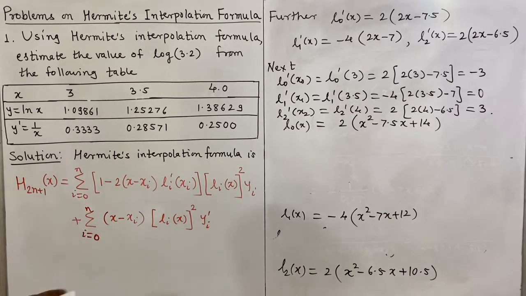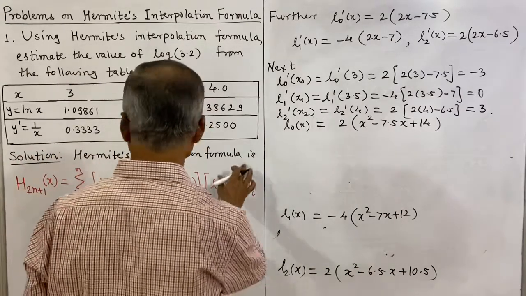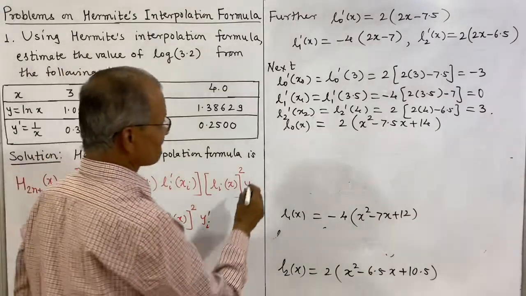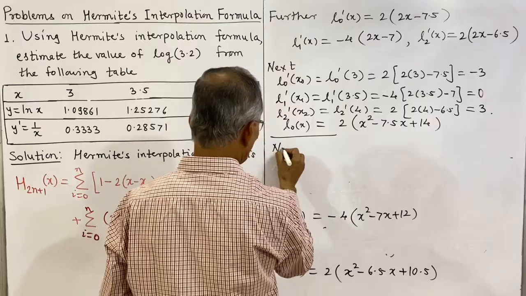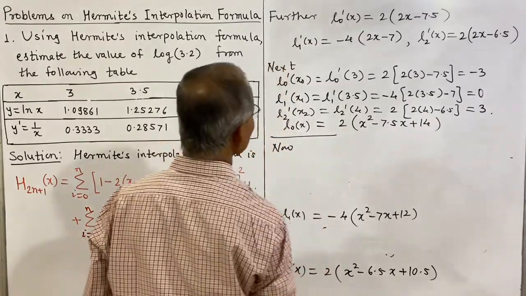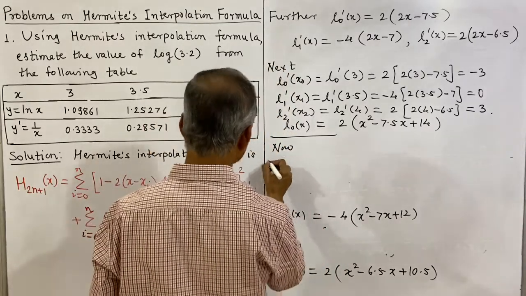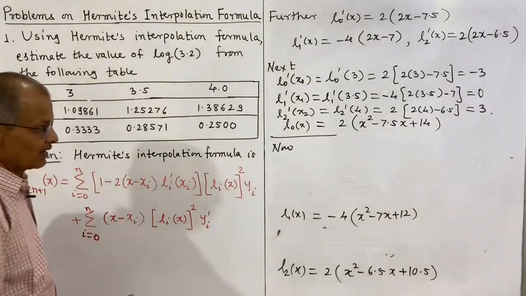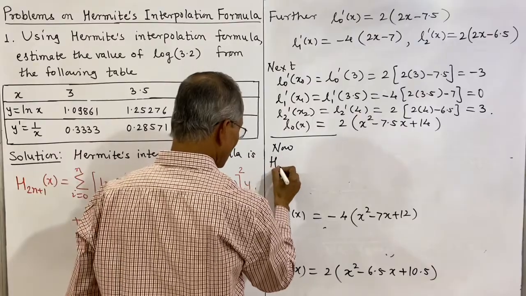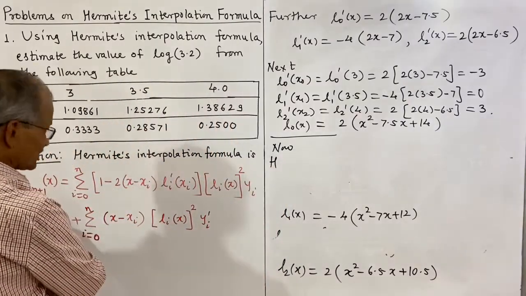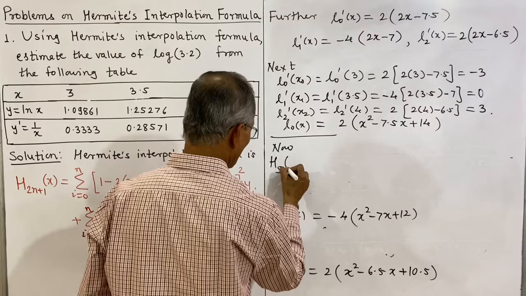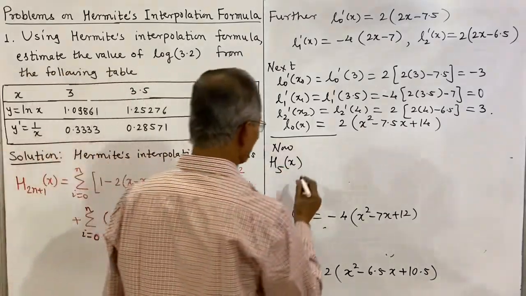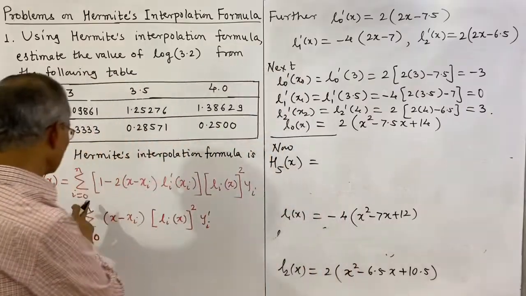Now we can see this, and this is equal to h 2n plus 1. What is n here? 0, 1, 2 means n is 2, and that means h 2 into 2 plus 1, that is h5 of x. N is 2 and h5 of x is equal to, now we can take the sum.